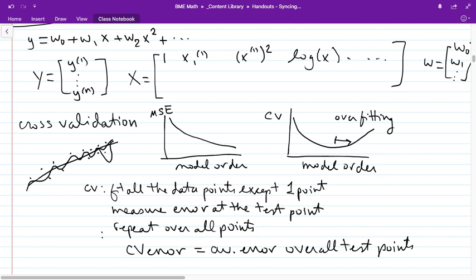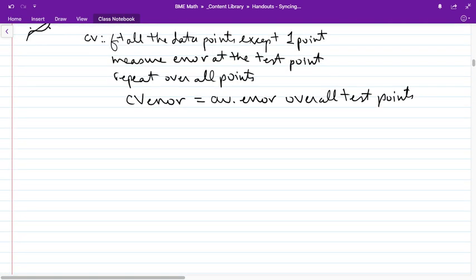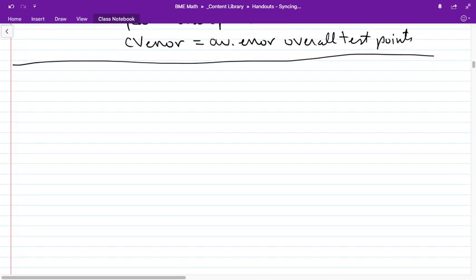All right. Any questions? It's a useful thing for determining the order of your model.